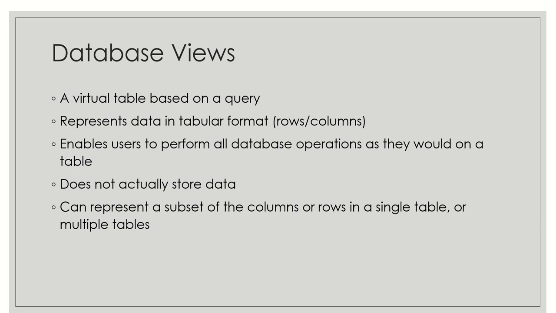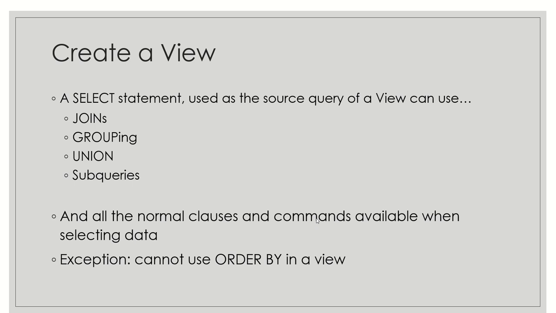We can use a view to represent any columns or rows in a single table or multiple tables. And as we take a look at some different types of views, you'll see that a view is based on a select statement. And it can be any type of select statement that you want to write. So we can use a select statement as the source query of a view, and that select statement can encompass things like joins, grouping, having, union, subqueries, where lines, and other conditional clauses.